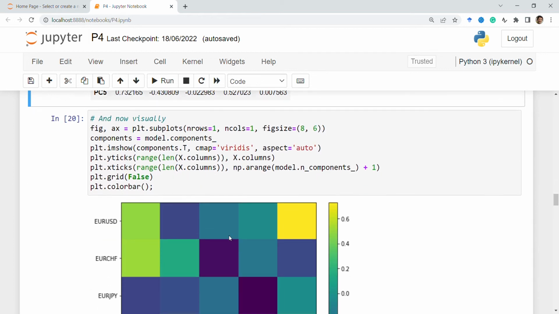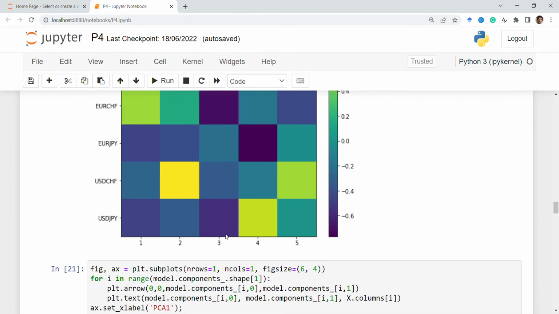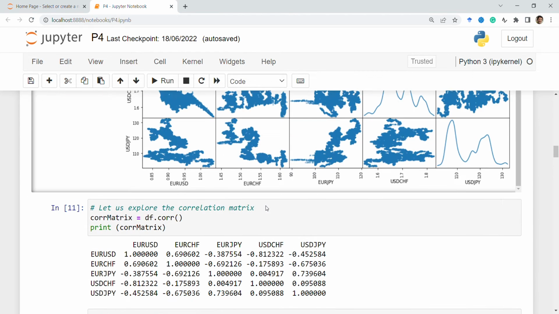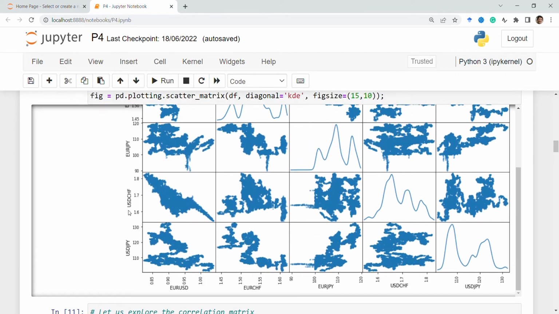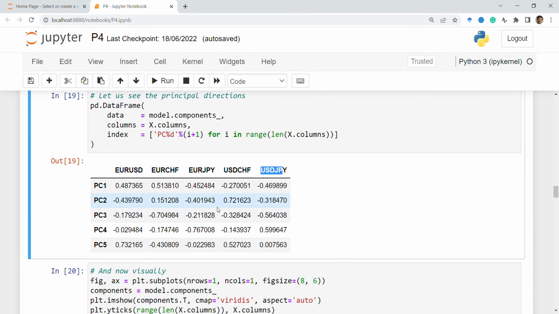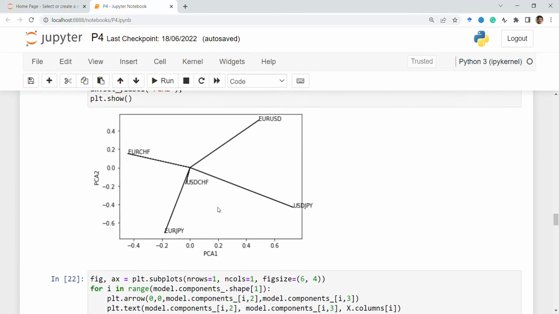Okay, so we can plot this visually, and we can also see the projection of the variables onto the PCA1, PCA2 space. We saw that there is a strong relationship between USD Swiss franc and euro dollar. So here we have the euro dollar and here the USD Swiss franc.